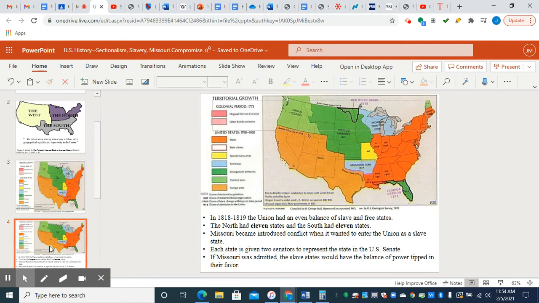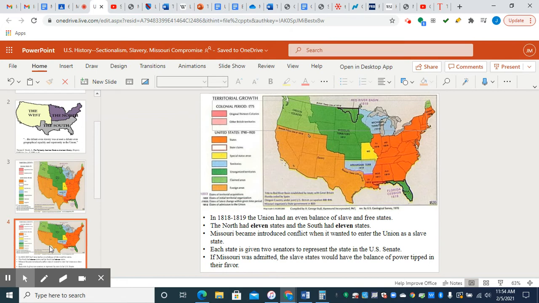Okay. Now, back then, there were 11 free states and 11 slave states, which meant that the balance of senators from slave states and free states was equal. There were 22 senators from each side of the country. But the country's starting to divide and the interests are starting to divide based on North and South.